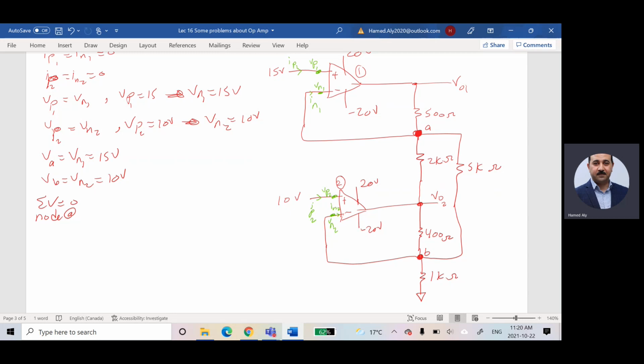For node A, I have this current, this current, this current, and this current. This current is IN1.